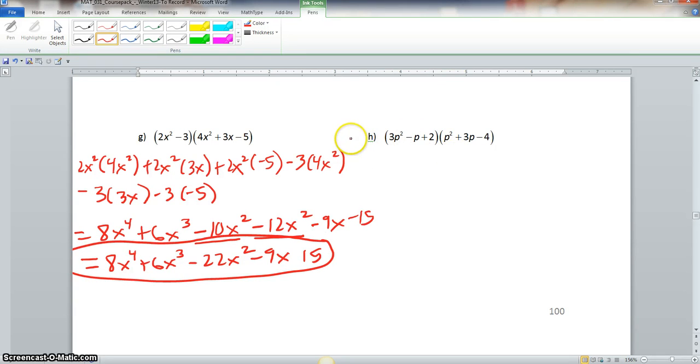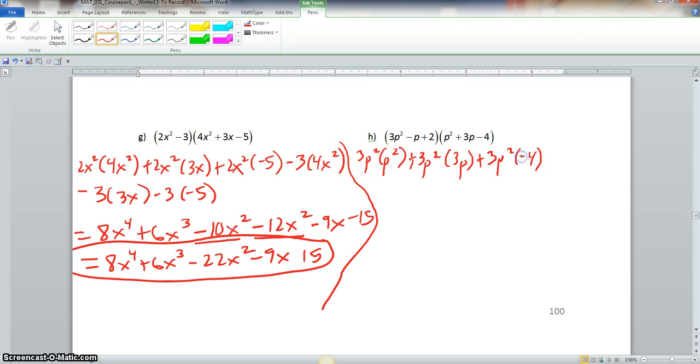Now we go here to H. I'm going to have to draw a slight little line here to separate this. Okay, now if you notice here, we have a trinomial times a trinomial. We follow the same process, it's just going to be a little longer. So we have 3p squared times p squared plus 3p squared times 3p plus 3p squared times a negative 4.